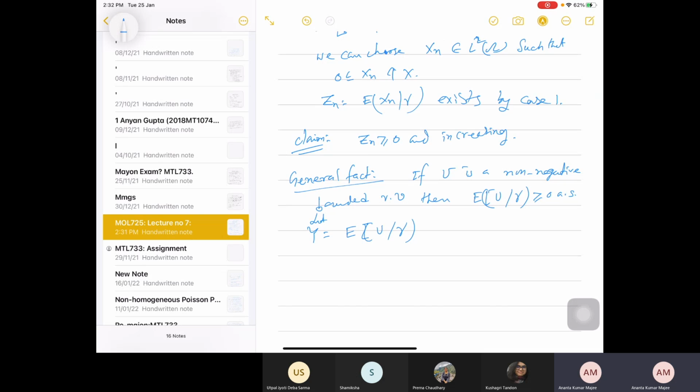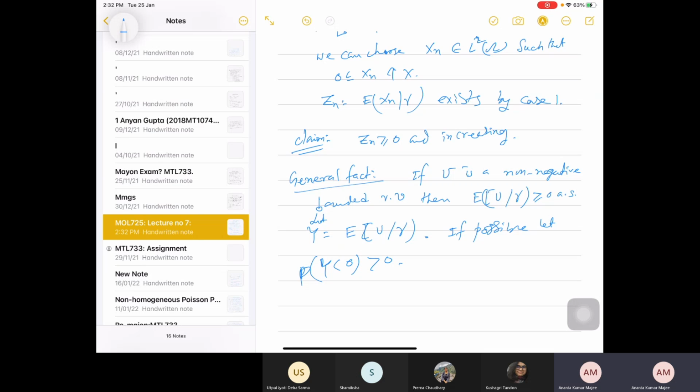Suppose, if possible, y is negative with probability greater than 0. Because what I have to show is that the probability of y negative is equal to 0, then we are done. I am saying suppose, if possible, because probability should be non-negative. So the probability of y being negative is positive.